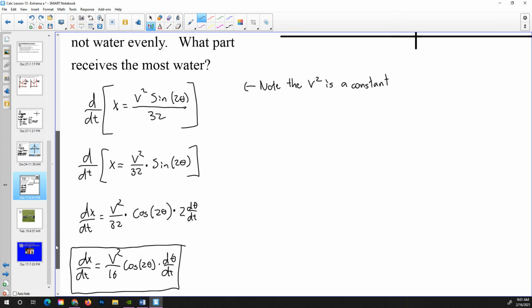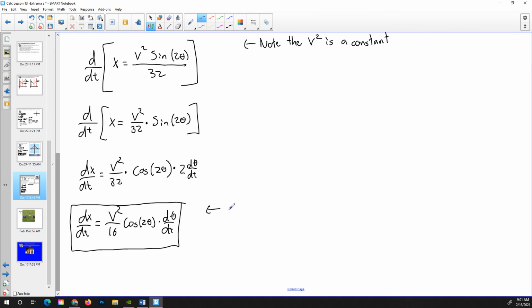So we note that d theta over dt is given to be constant. All right, so it's always moving at the same rate.